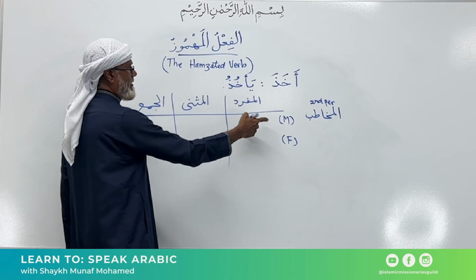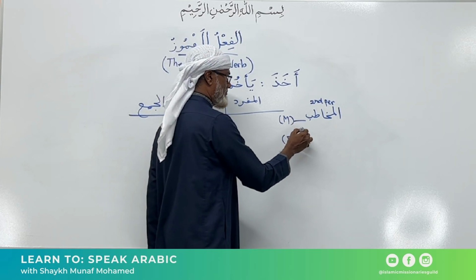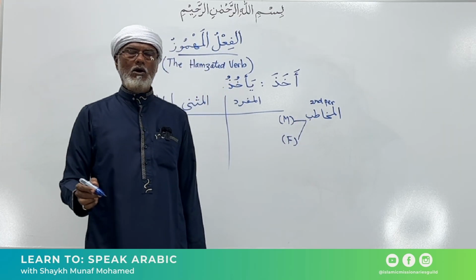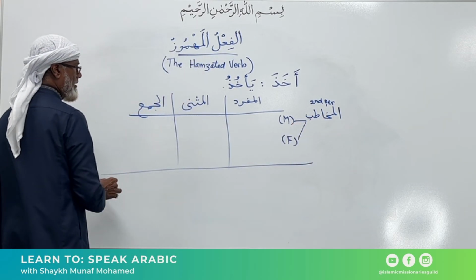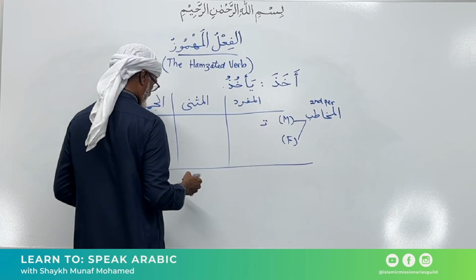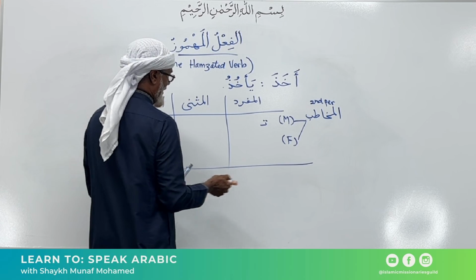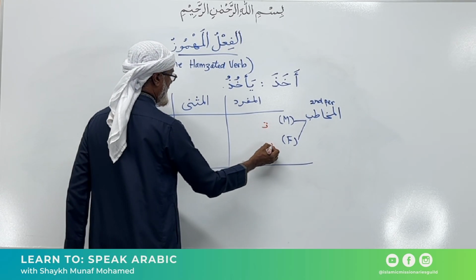All right? So we already mentioned before in a previous class, all of the conjugation that is under al-mukhatab, they all begin with ta. Right? Ta. So let me write the ta in red. So they all begin with ta.